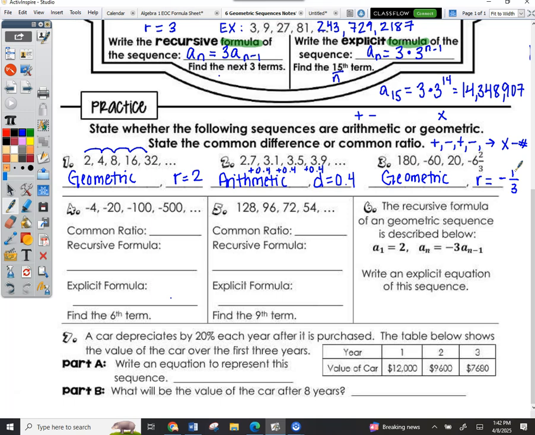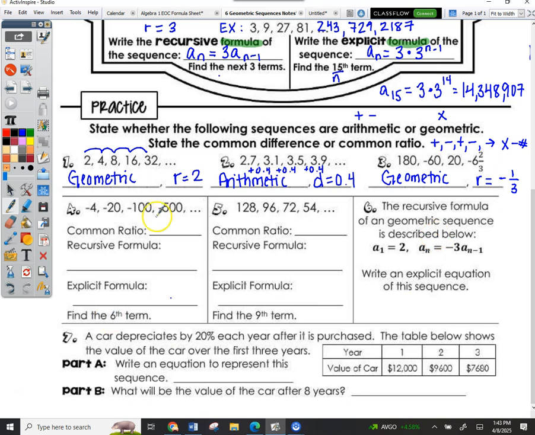Now how do you find it? You come over here and you say, well, just go to the next one and divide by the last one. And then you'll hit Math Frac, okay? All right, please move to numbers 4, 5, and 6. You can do this. It says, tell me the common ratio. Now, these are all geometric, by the way. We're no longer practicing with arithmetic until you do your Delta Math.